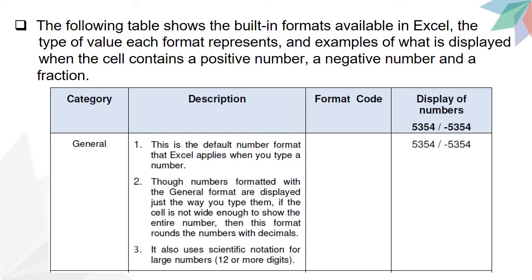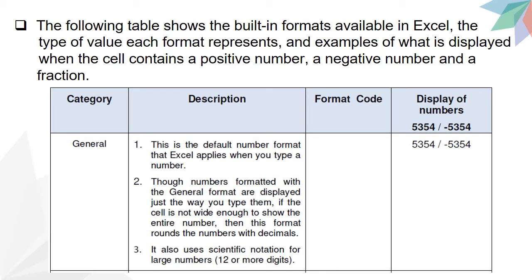The first category is the general format. This is the default number format that Excel applies when you type a number. True numbers formatted with the general format are displayed just the way you type them. If the cell is not wide enough to show the entire number, then this format rounds the numbers with decimals.